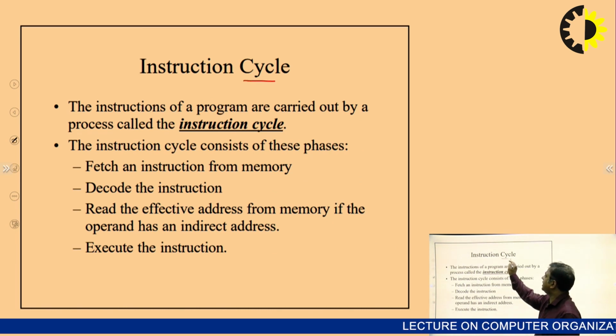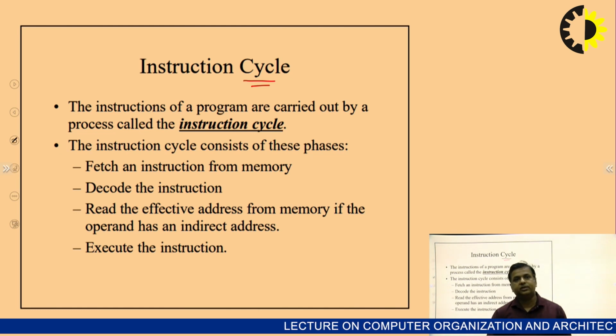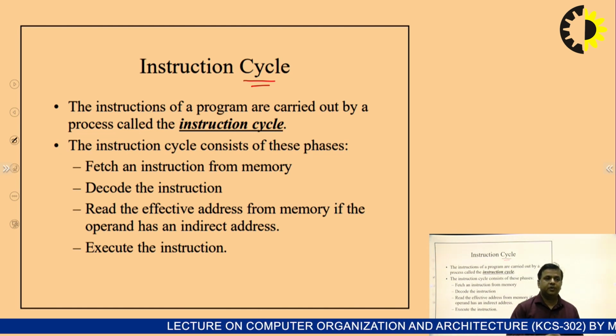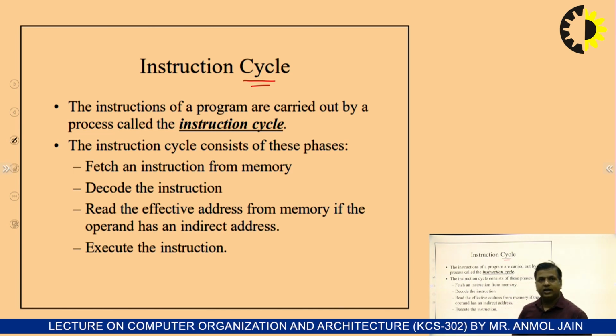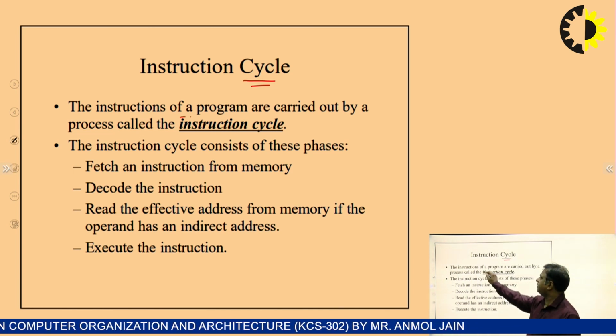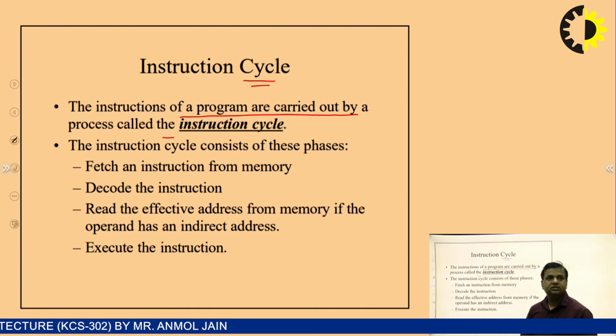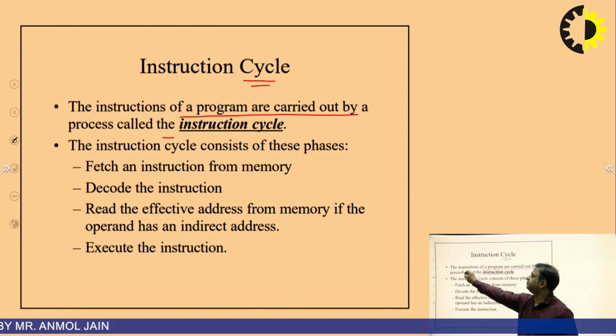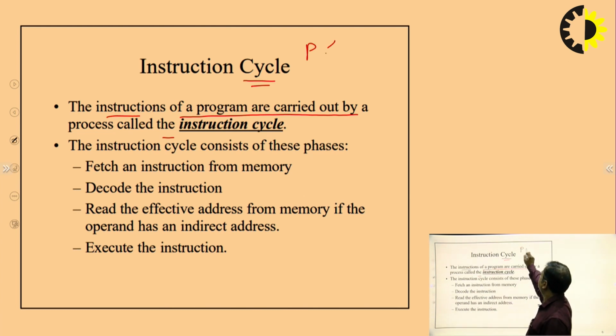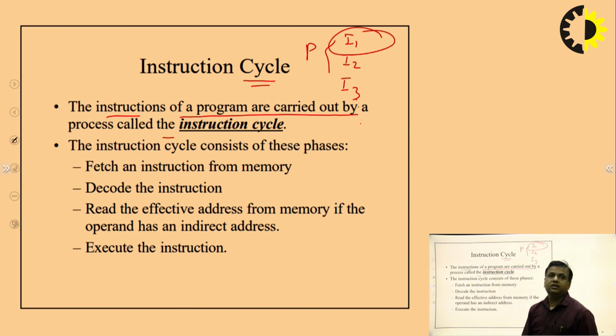Next, the instruction cycle: how an instruction is executed once it is fetched by the CPU, right? That is known as the instruction cycle. The instructions of a program are carried out by a process that is called the instruction cycle. A program is made of a number of instructions, I1, I2, I3. These are the different instructions, but each instruction is carried out by following a number of steps for the execution.